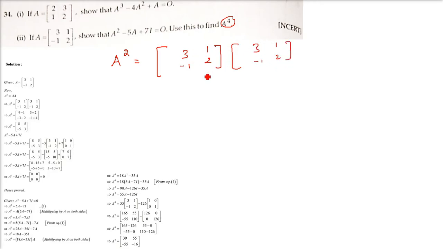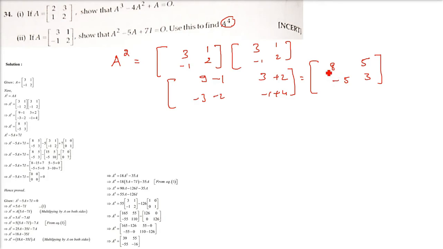So row column, 3 threes are 9 and 1 into -1 is -1. 3 ones are 3 and 2 ones are 2. -3 and -2, -1 and 2 is a 4. So what do you get? 9 minus 1 is 8. This is 5. This is -5. And 4 minus 1 is 3. So this is your a square.